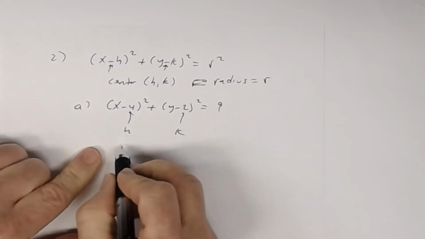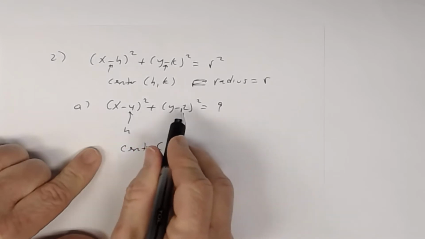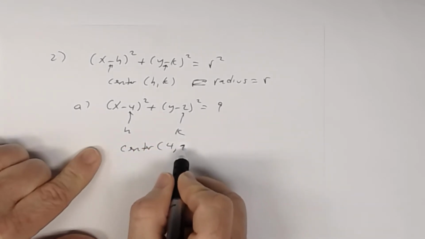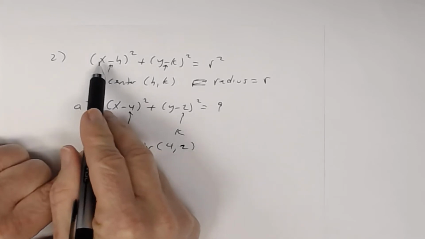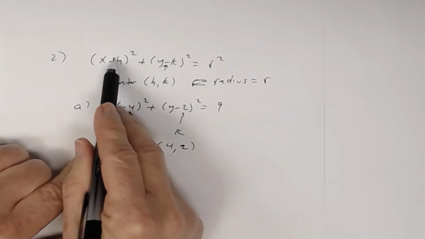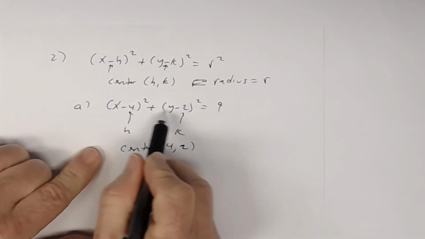So from here, I can tell right away that the center is 4, 2. Not negative 4, negative 2. That's important because the equation says x minus h, y minus k. So the center is 4, 2.